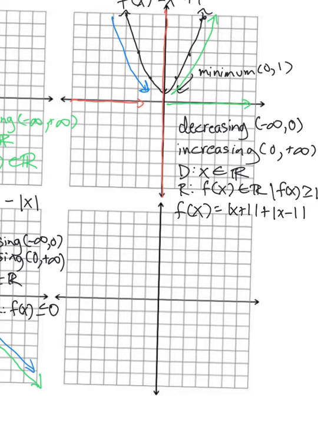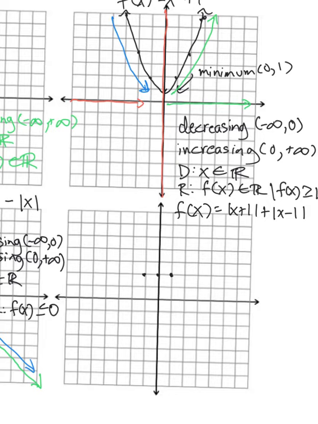What if we were to put in the number 1, right? If we put in the number 1, wouldn't that equal what? 2 plus 0? So if we put in the number 1, we're going to get 2. If we put in the number negative 1, we're going to get 2. What if we put in 0? If we put in 0 into our function, it is still going to be 2.